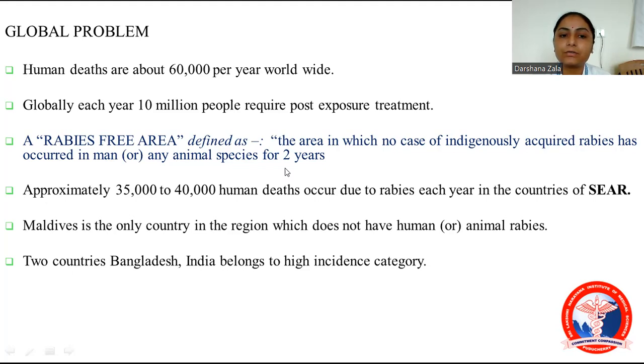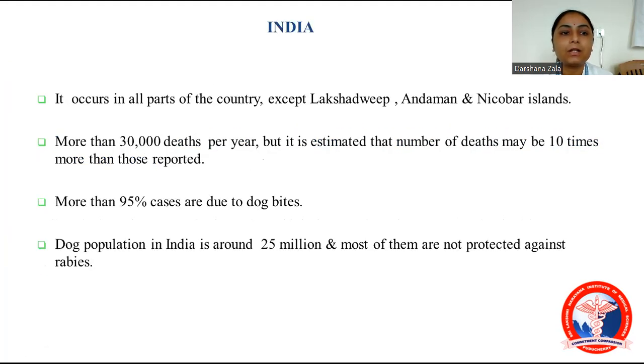Approximately 35,000 to 40,000 human deaths occur due to rabies each year in the countries of the Southeast Asia region. And Maldives is the only country in the region which does not have human or animal rabies. Our country belongs to the high incidence category of rabies.